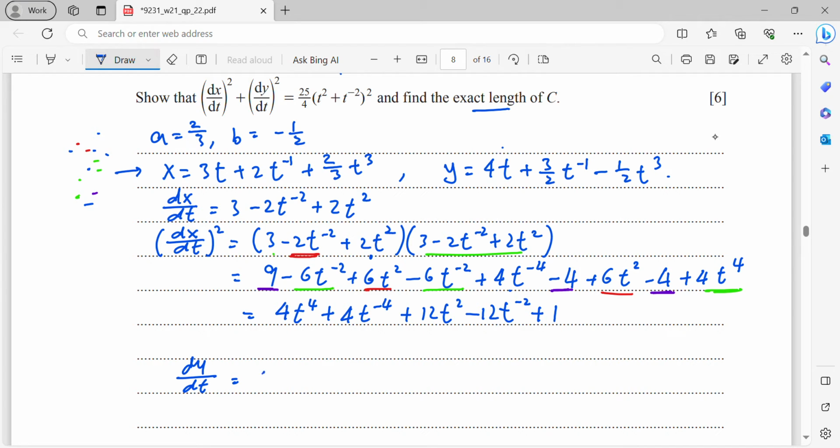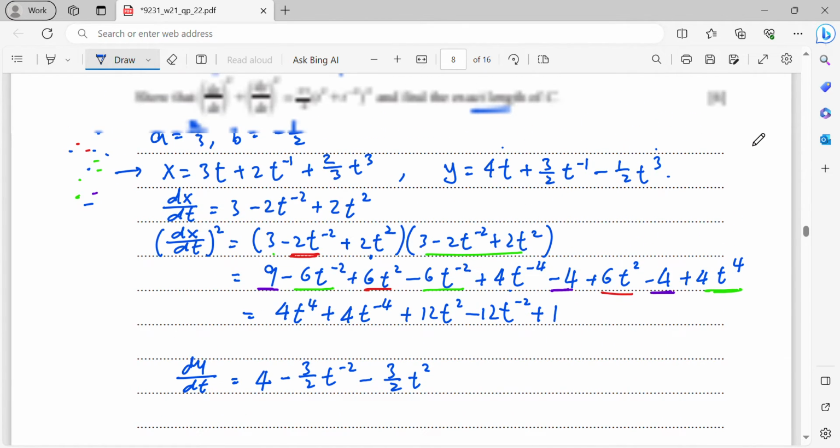differentiate 4t is 4. Bring down the minus, so you get negative 3 over 2 t power negative 1 and negative 2 because you differentiate. Okay, this 3, move it down, negative 3 over 2 t squared.